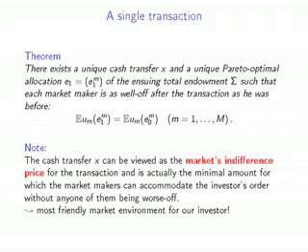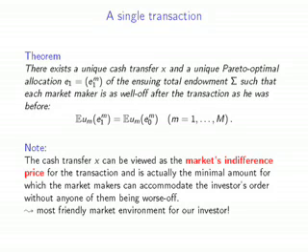So we have a unique way to go from the initial Pareto optimal allocation to the one after the transaction if we insist on utility indifference for all the market makers. And for that reason, we can call the cash transfer X the market makers' indifference price, or the market's indifference price, for this position Q.